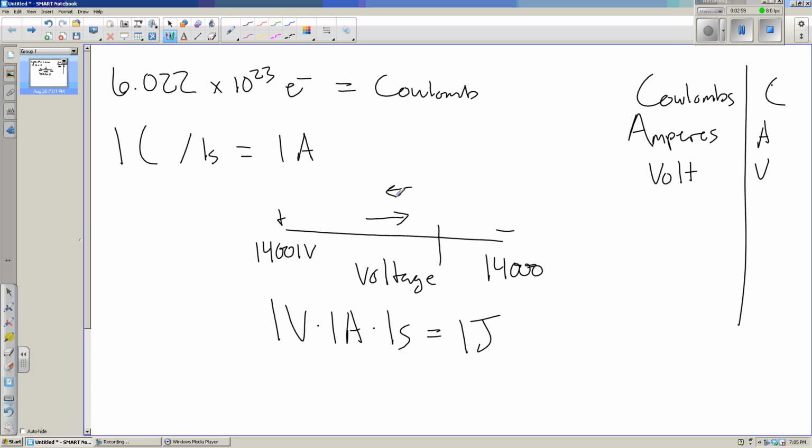And resistance has units ohms and is given by the symbol omega. So ohms, named after Georg Ohm.